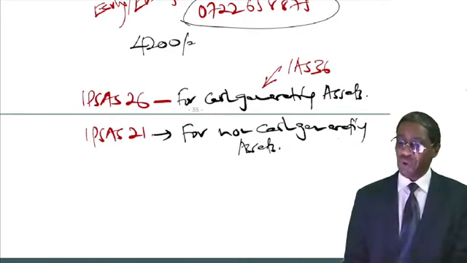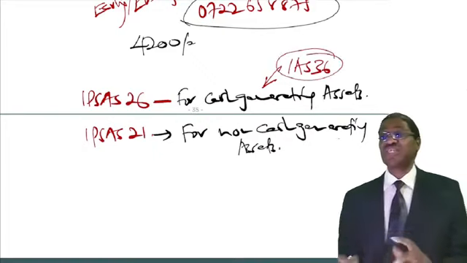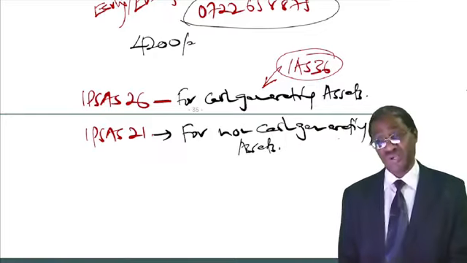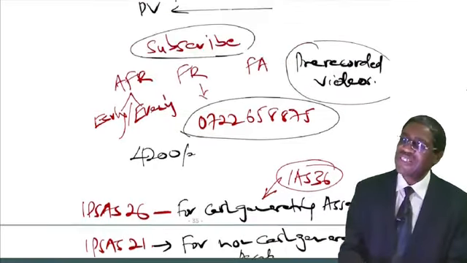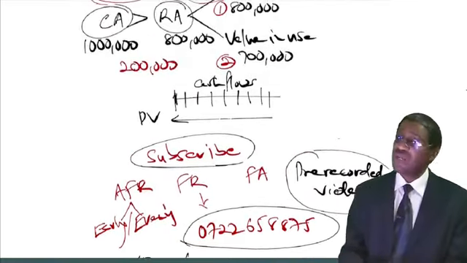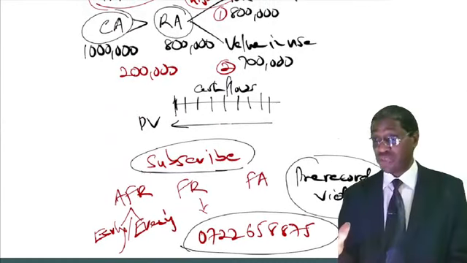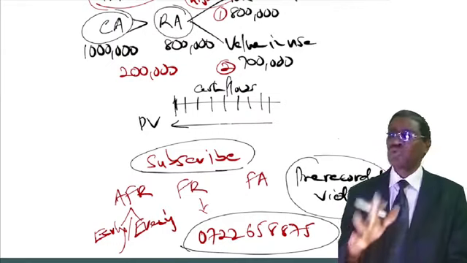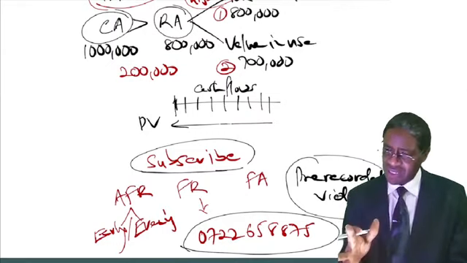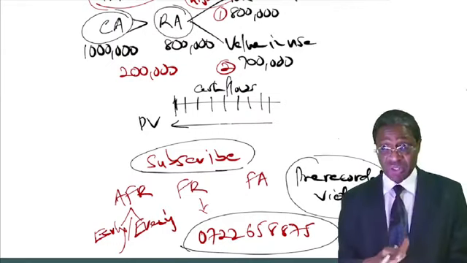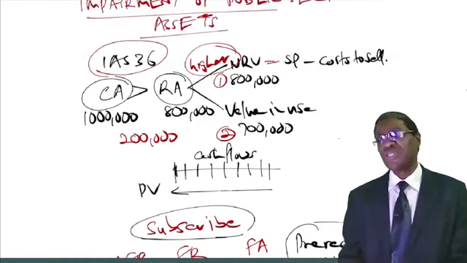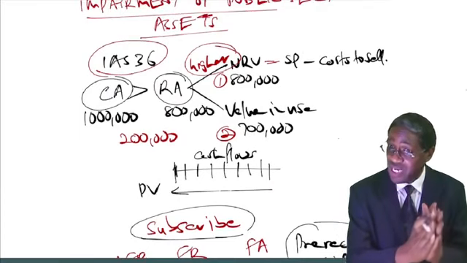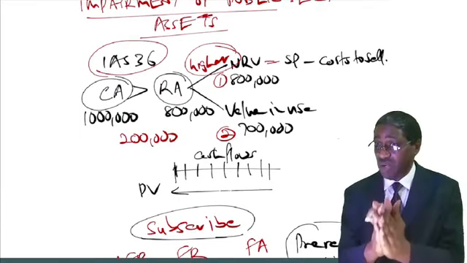Why? Because for IAS number 36, we were testing for impairment of assets that generate cash flows. That's why we were getting the present value of the future cash flows, to get the value in use. So even for public sector assets that can generate cash flows, the concepts do not change. Still compare the carrying amount of an asset with its recoverable amount.